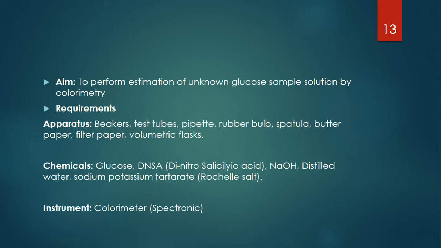Chemicals: glucose, DNSA which is dinitrosalicylic acid, NaOH that is sodium hydroxide, distilled water, sodium potassium tartrate also known as Rochelle salt. An instrument we are going to use is colorimeter. Its model is Spectronic.